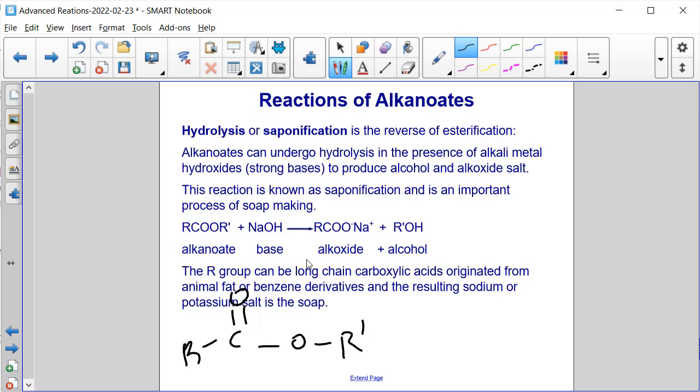We have a cleavage that happens right here, okay? And so this stays the same, but it becomes an ion. It's a negative ion. And then the sodium, or whatever the group 1 is, potassium, so the positive salt. And then we have this alcohol where it's the R prime, and then the OH group from the strong base.